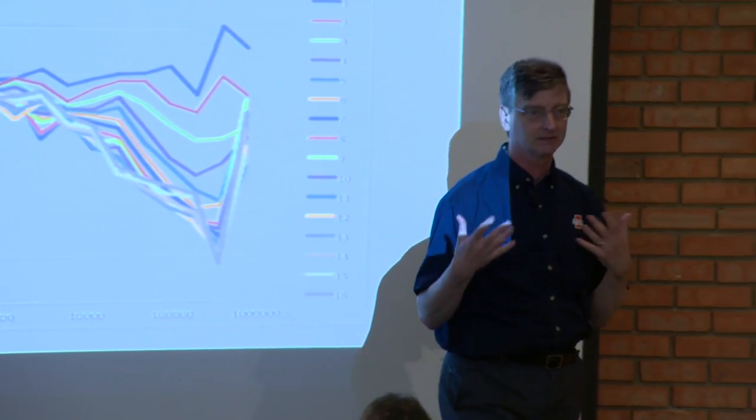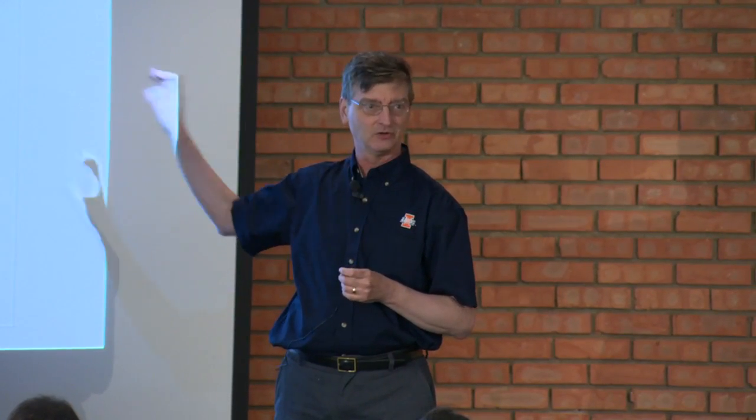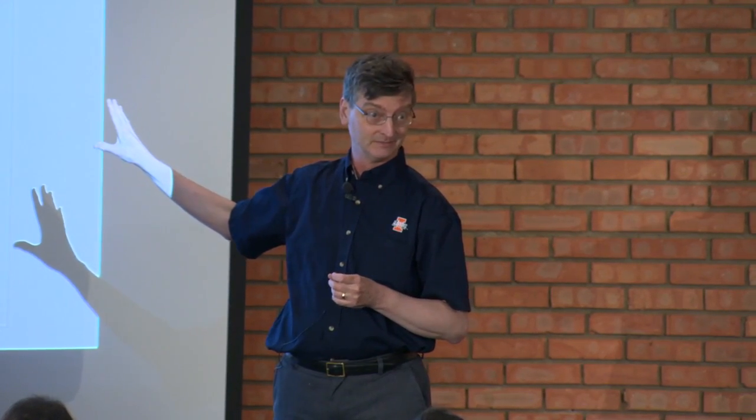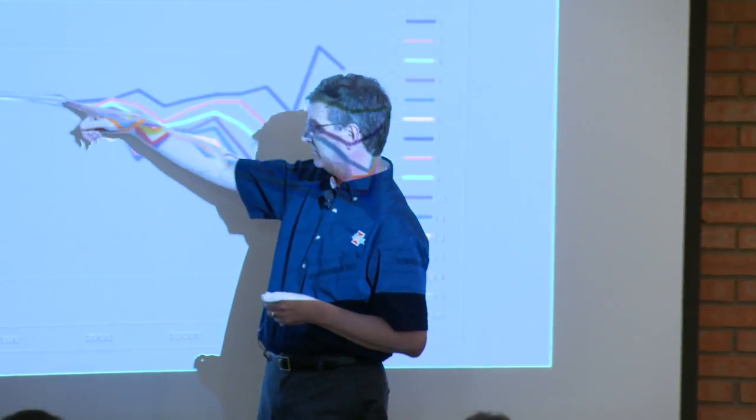So this data is meant to be suggestive. Your mileage will definitely vary. What I wanted to understand was just how much potential there might be for getting the communication computation overlap and where we'd see these sorts of effects.